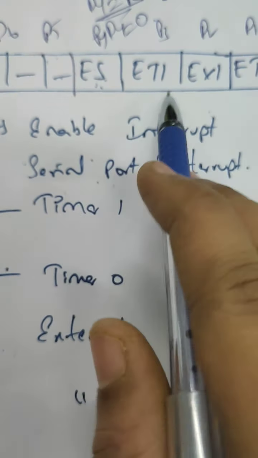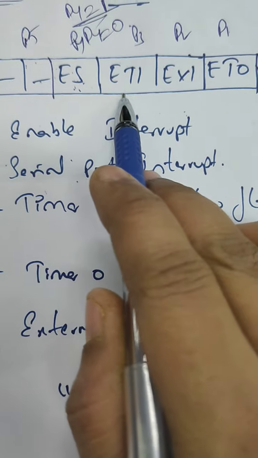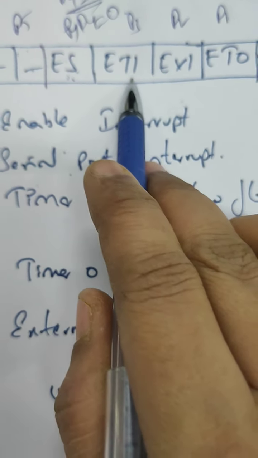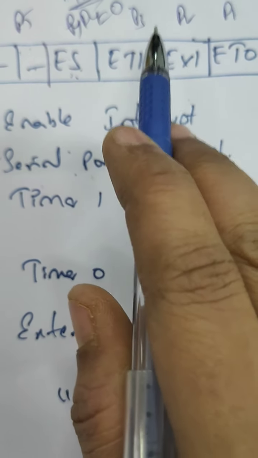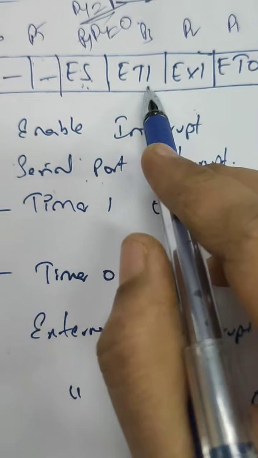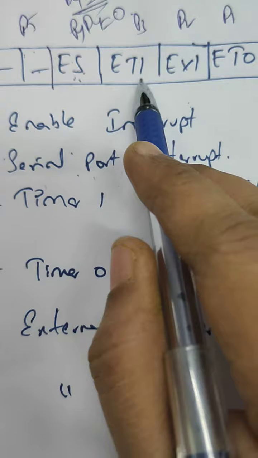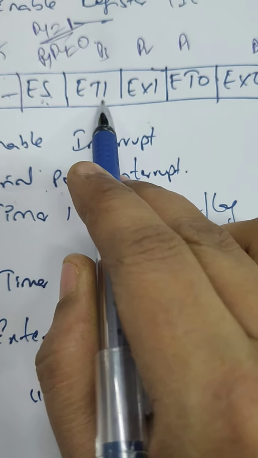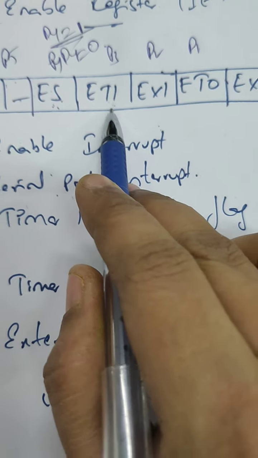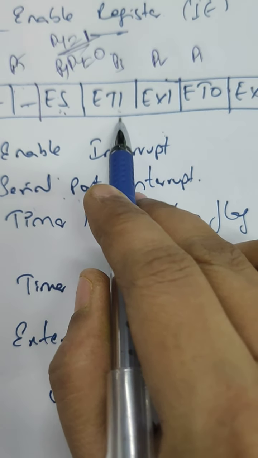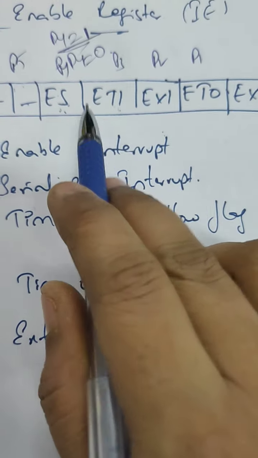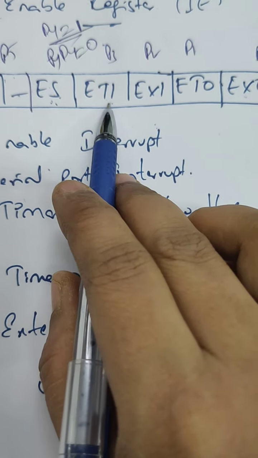Next, coming to the D3 bit, it is the timer overflow flag. So this is meant for the timer overflow. When D3 is set to 1, it is enabling the timer. Which timer? Timer 1. Why? Because we know the timers are 8-bit, in which the upper will be timer 1 and the lower will be timer 0.